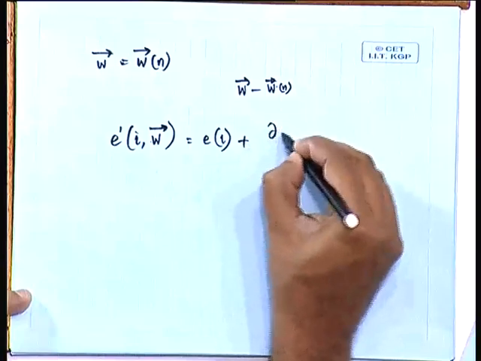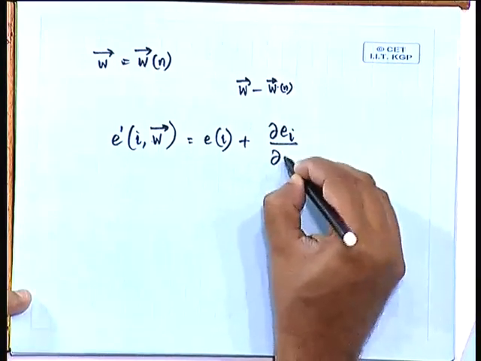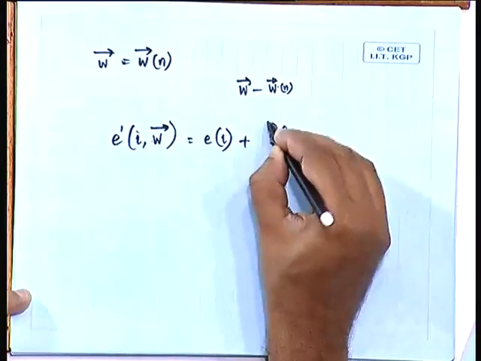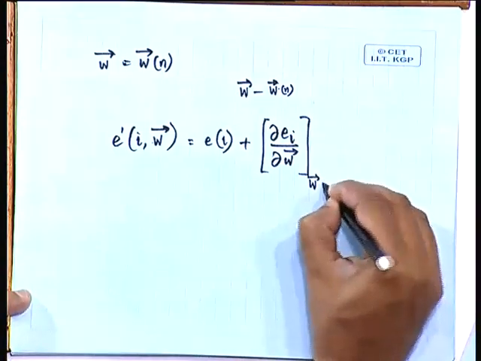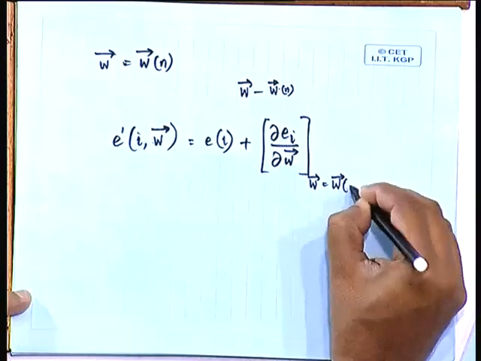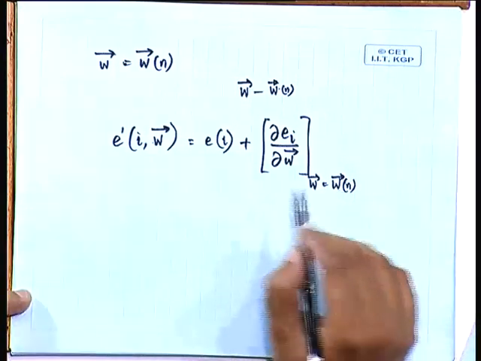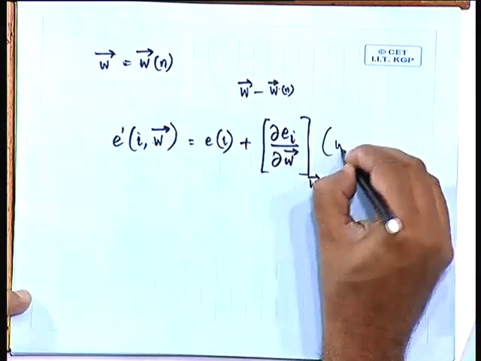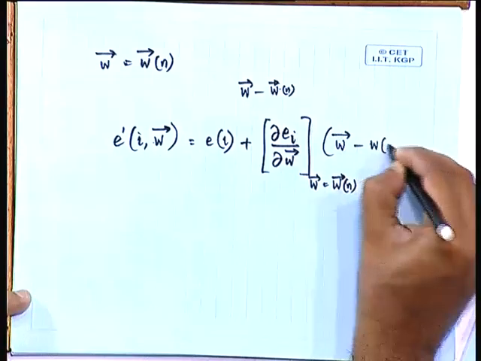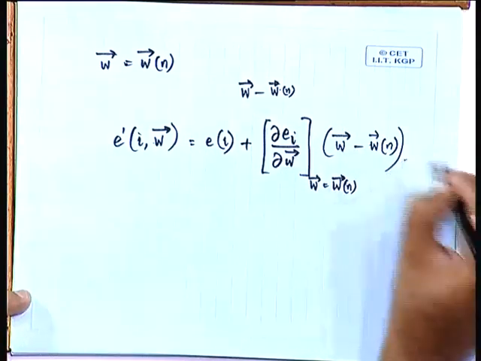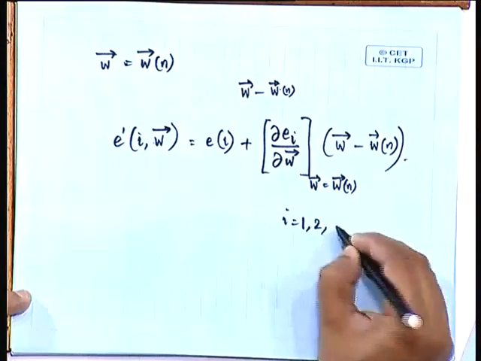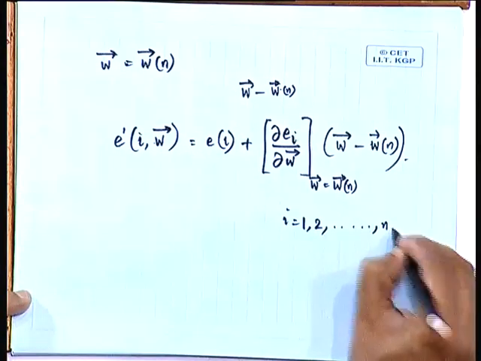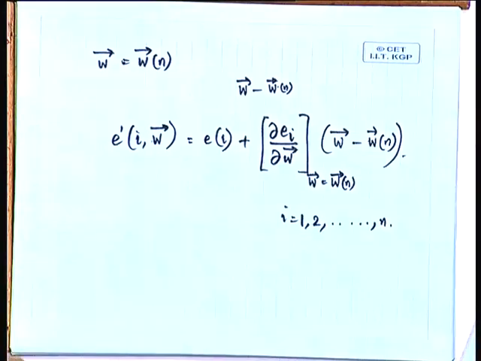plus the partial derivative of Ei with respect to the W vector, evaluated at W equal to Wn, times W minus Wn, because that is the point from which we are going to update the weight. So, we have to update this for all these i's, all these observations, the error expression.